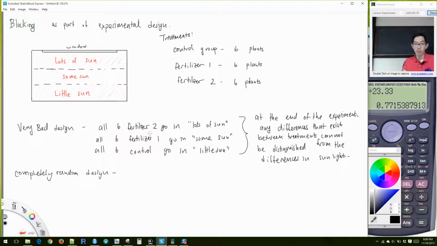And so, because of this, we'll also just randomly assign some to lots of sun, some go randomly to some sun, and some go randomly to little sun. And with a completely randomized design, this helps, but it's also possible that because it is completely random, 4 fertilizer 2 plants go into lots of sun, and only 1 fertilizer 1 and only 1 control go into lots of sun. Okay, you can still get this uneven balance if it's completely random.